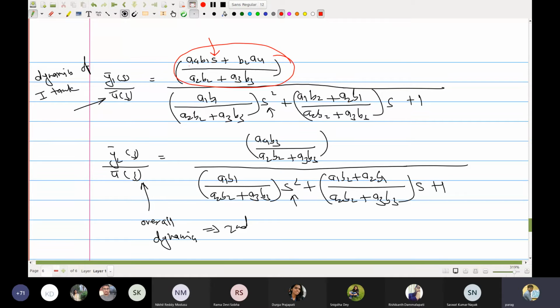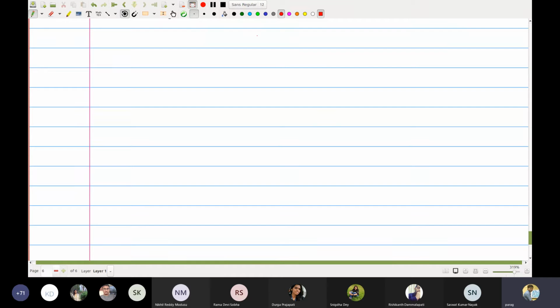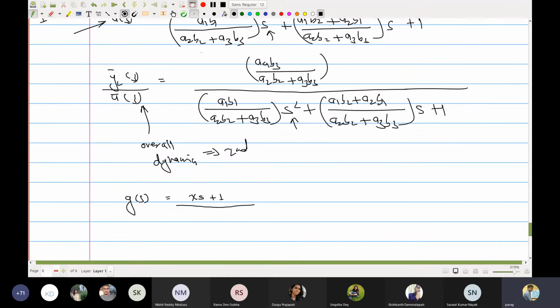So you now have a transfer function of the form g of s, where you have s in the numerator as well, psi s plus 1, and then the denominator.